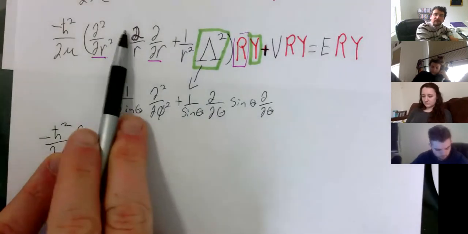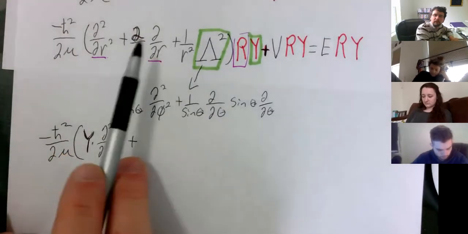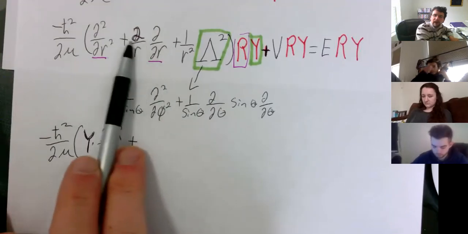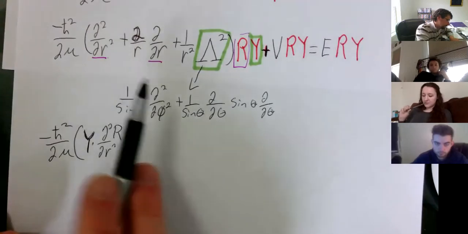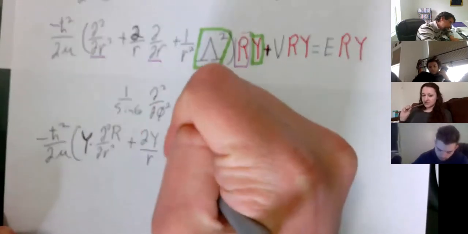Remember, this is a 2, not a differential. Would it be 2y over r d over dr? Yep.